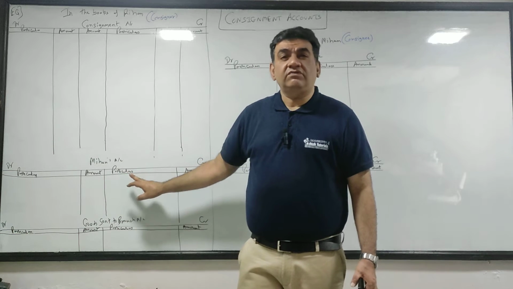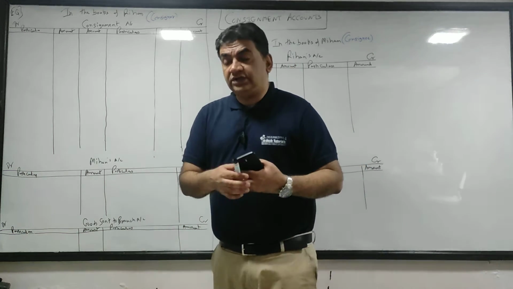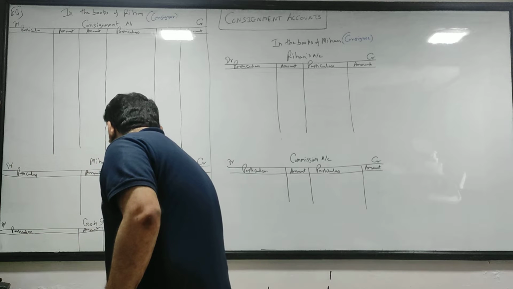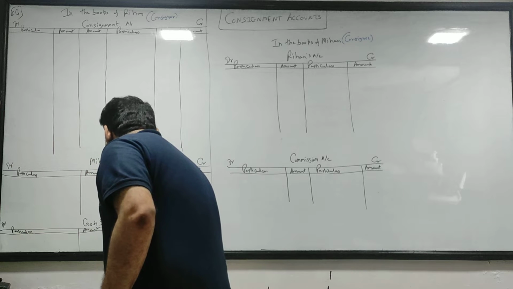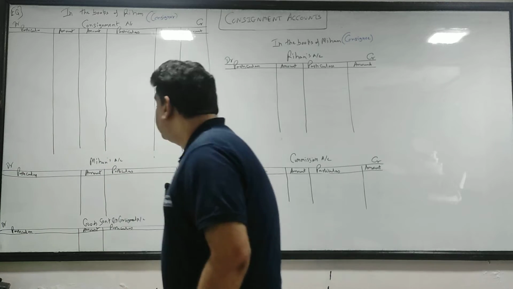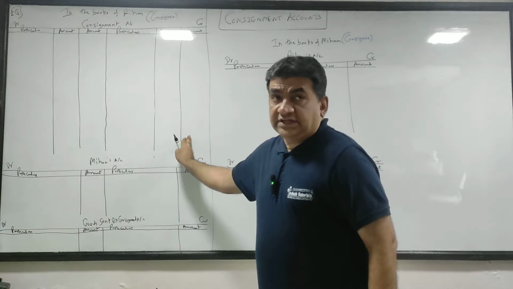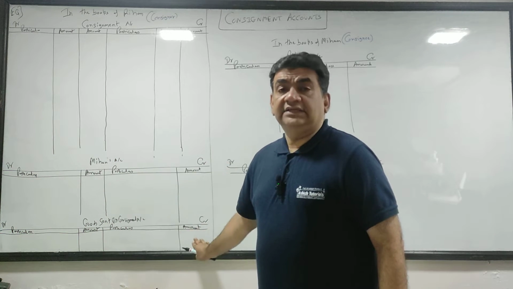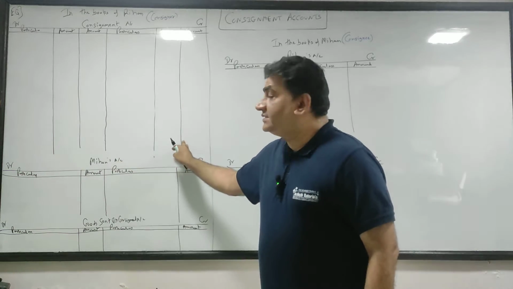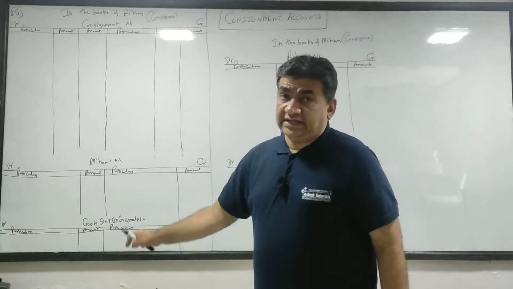Mihan's account of around 5-6 lines, and goods sent on consignment account of 3 lines. Half page, 5-6 lines, 3 lines. This is in the books of consignor. The consignment account will definitely be made, and this too, but the main account is consignment.